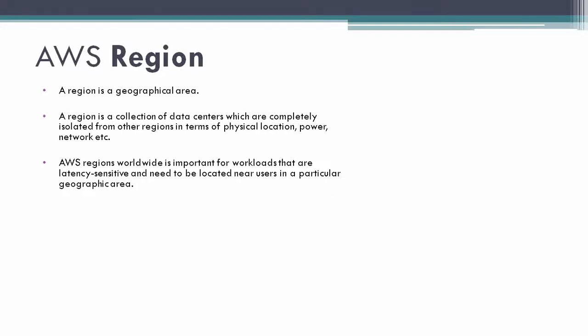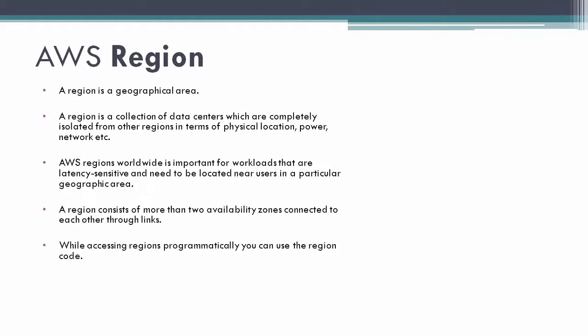You want to give better latency to your customers, so you can deploy your application and provide services to your customers by using the nearest region according to your geographic area. A region consists of two or more availability zones connected to each other through links. So there is not only one, there are two or more availability zones available in each region.